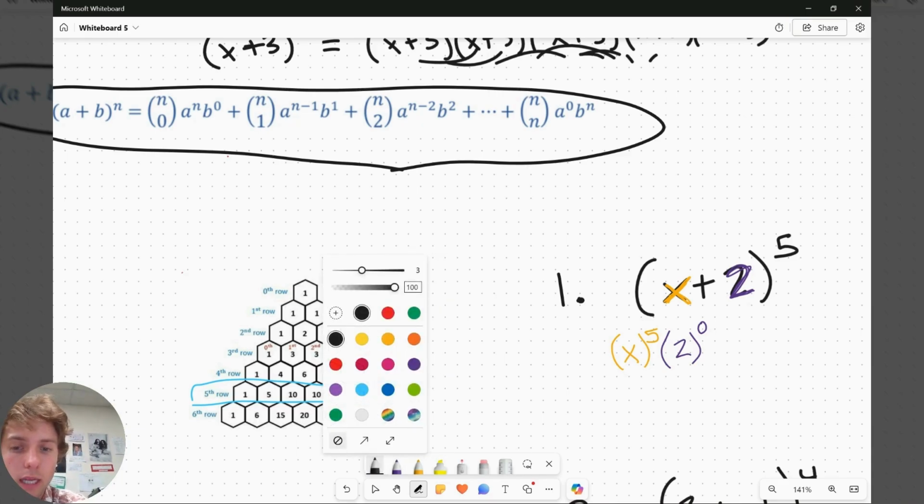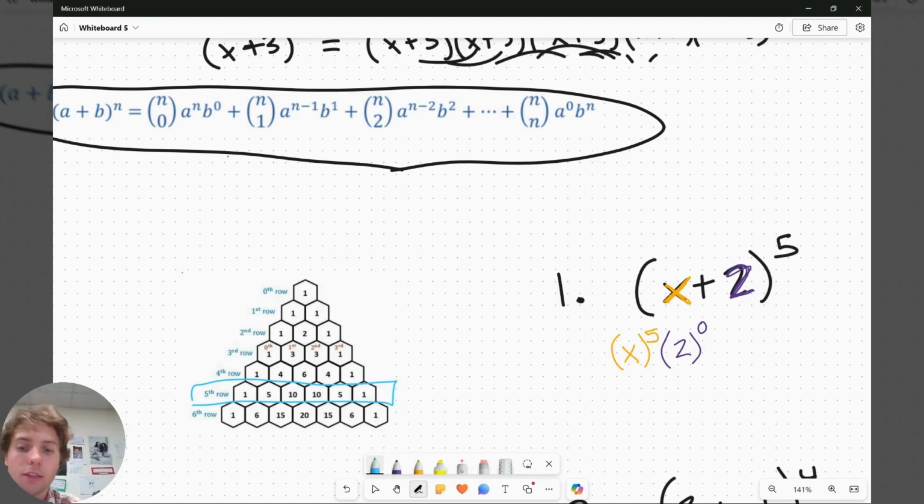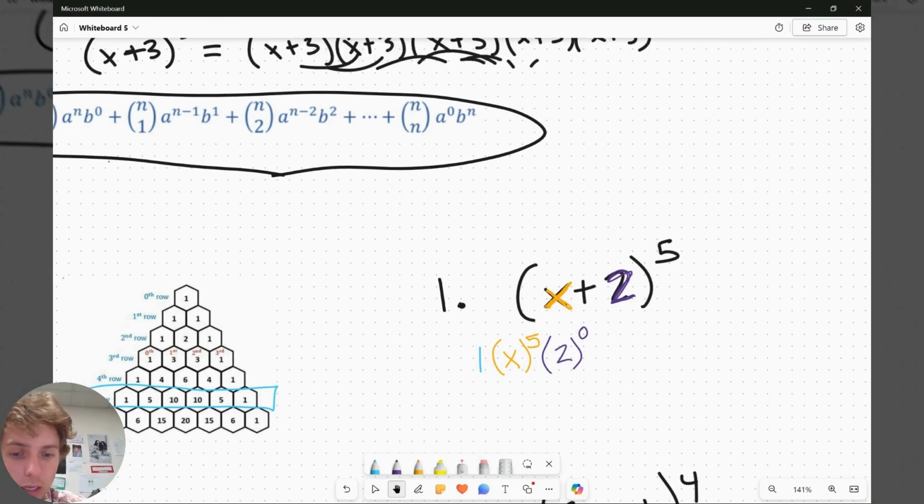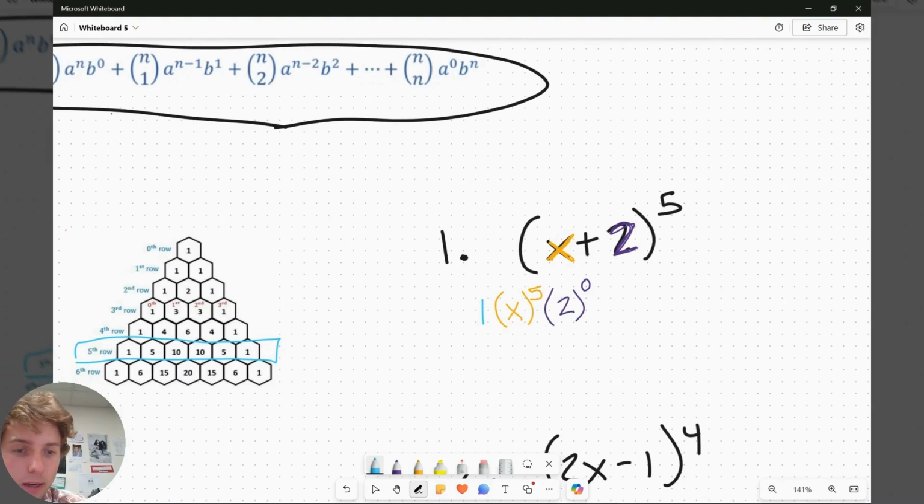Pascal's triangle tells us that these values are the coefficients. So this is the first term. So I'm going to use the first number in that row. I'm going to use a value of 1. Let's continue this process. Okay, we go over to the next spot. The next value in Pascal's triangle is 5.